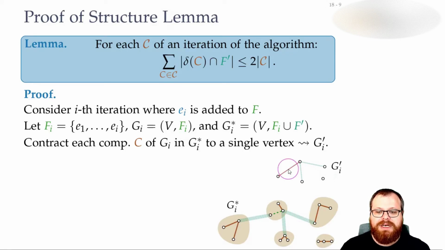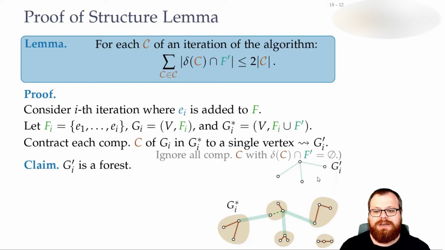So basically these edges correspond to edges in F' that are not yet picked. And now this graph is a forest. Why is this the case? In general, the graph that we get in the end is a forest, so we add only forest edges. But, as you can see here, this is the component, but this edge is not inside.